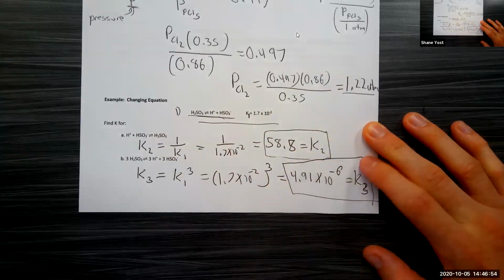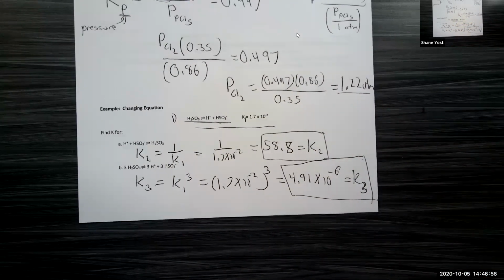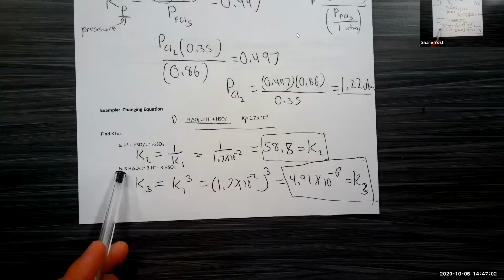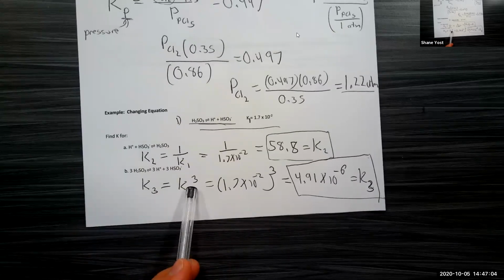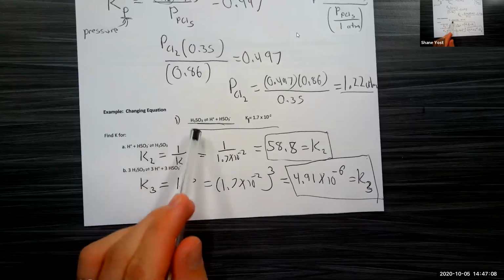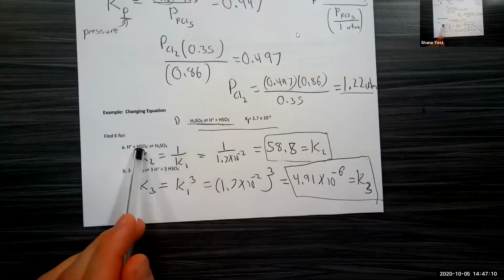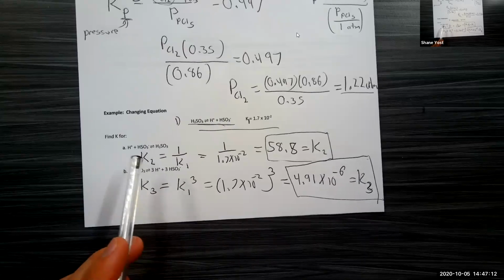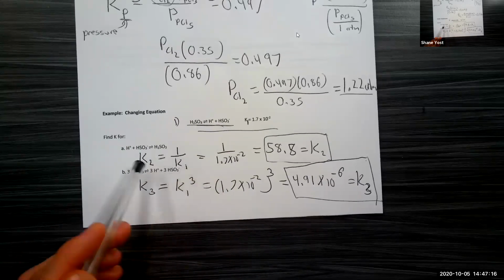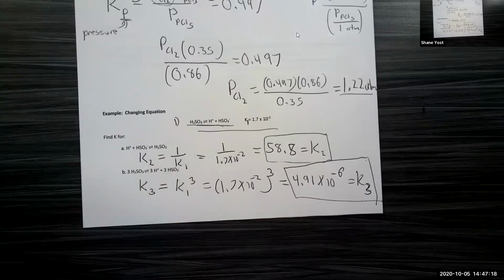So again, I multiplied this reaction by 3, which means I had to take the equilibrium constant and raise it to the 3 power. I flipped this reaction to get the other reaction, so that means I have to take 1 divided by my original equilibrium constant to get my new equilibrium constant.